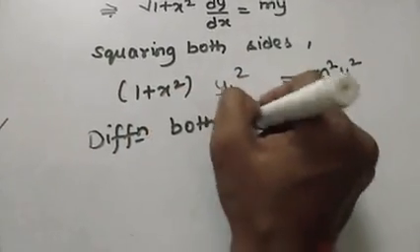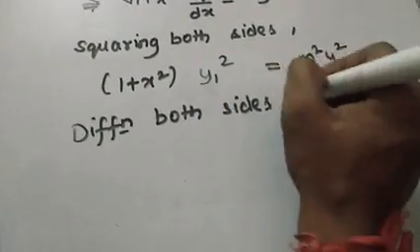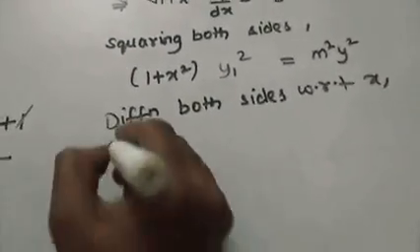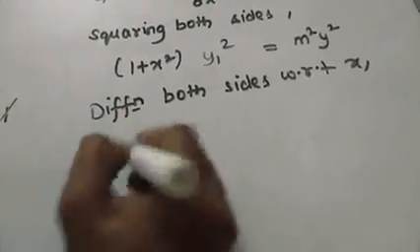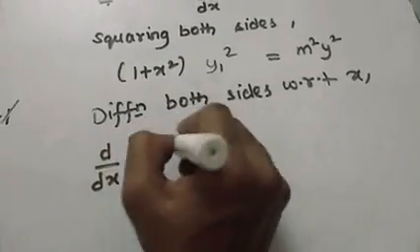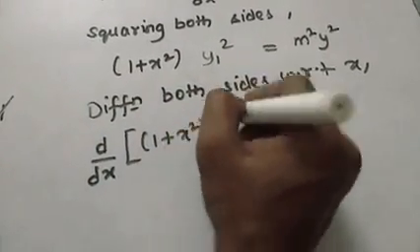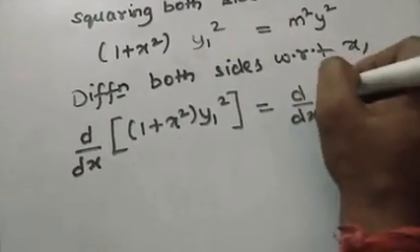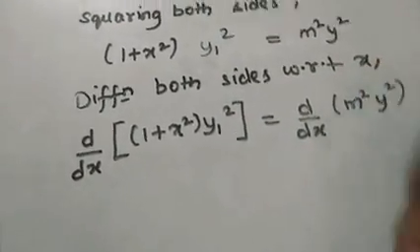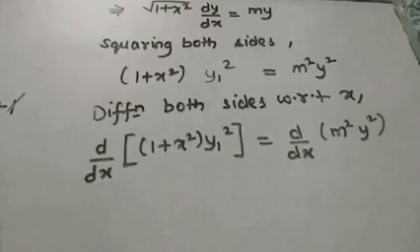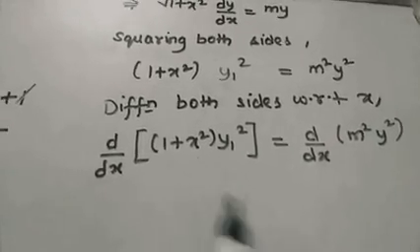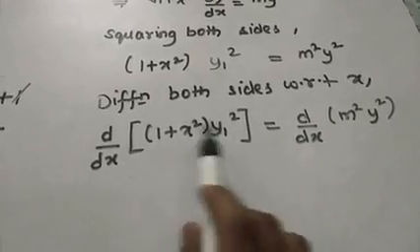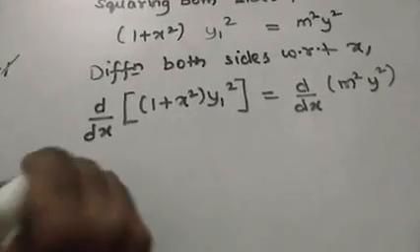Now differentiating both sides with respect to x. d/dx of 1 plus x square y1 square equals d/dx of m square y square. So here 1 plus x square y1 square, that means product rule.